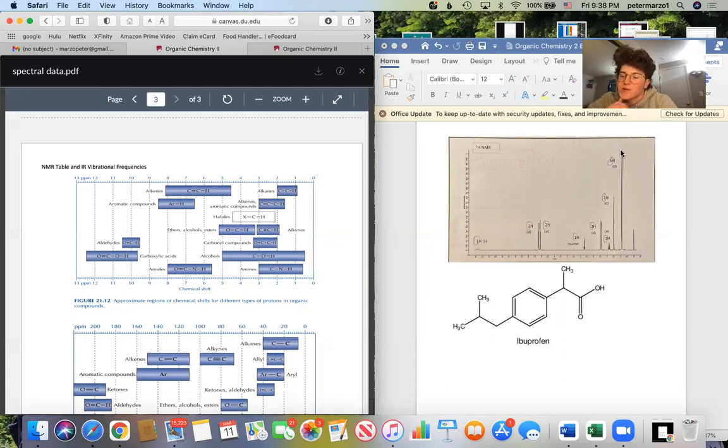If there were two equivalent CH3 groups attached to a CH, that is called an isopropyl structure. And that is most definitely present in this molecule as shown by this NMR.